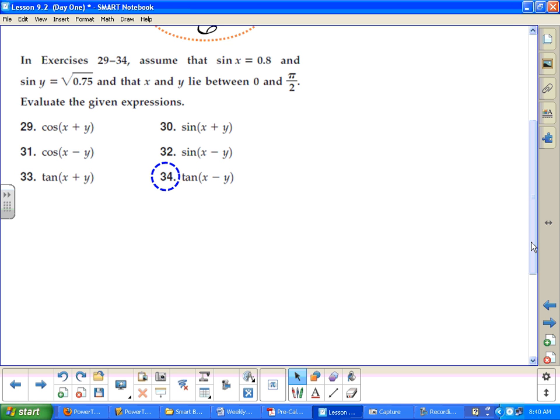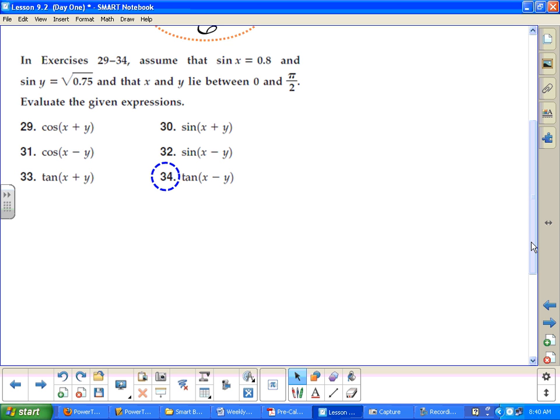Sine of y is square root of 0.75. And that x and y lie between 0 and pi over 2. Evaluate the given expressions. So we're going to find the tangent of x minus y, given that information. Okay.